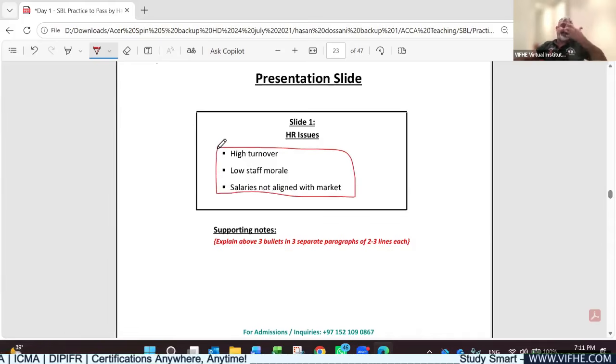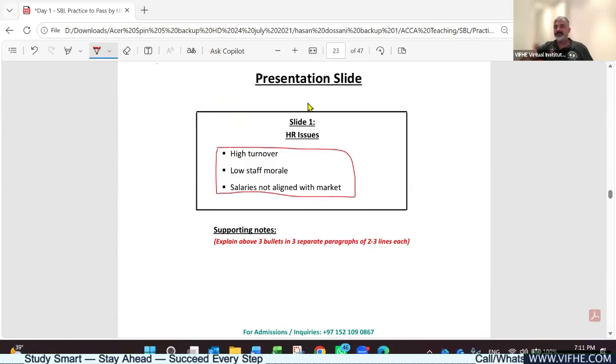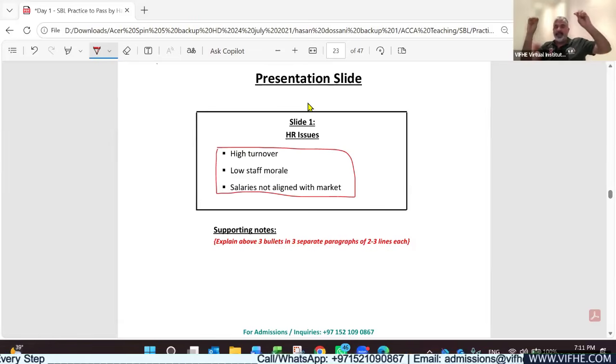You don't write lengthy stories in a presentation. The whole purpose of a presentation slide is that it is concise, it is pointers. Do you agree? Presentation is always very concise, to the point, bullet pointers.